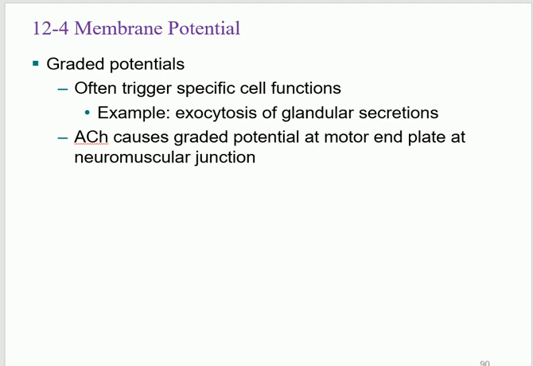Acetylcholine is released, crosses the gap, and binds with acetylcholine receptors, and this will start a local current or graded potential that will ultimately reach the threshold, and you start the depolarization after the gap, in the post-synapse.